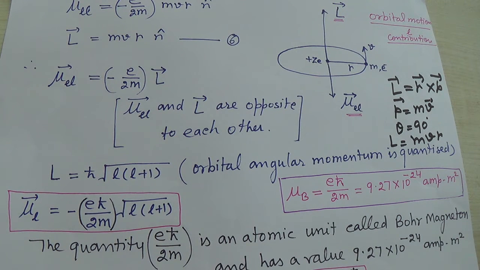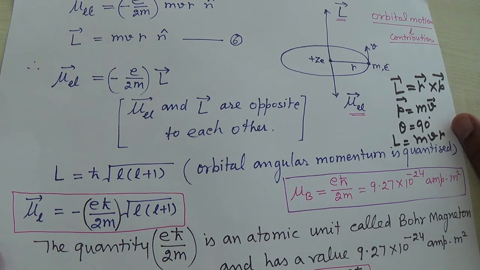Because orbital angular momentum is also quantized, in the microscopic term we are playing with the semi-classical theory here with atomic dipole moment.